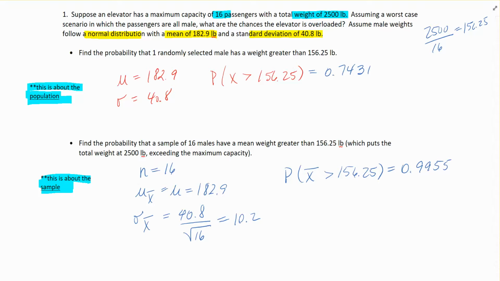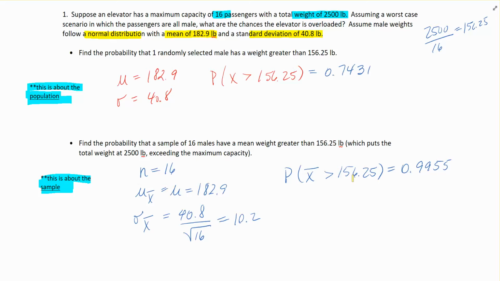That says, once again, that if I were to gather up a group of 16 men, the likelihood that the average weight of these combined 16 men is greater than 156.25 is almost 100%. In other words, it's 99% likely that the average weight of this group is going to be greater than 156.25.